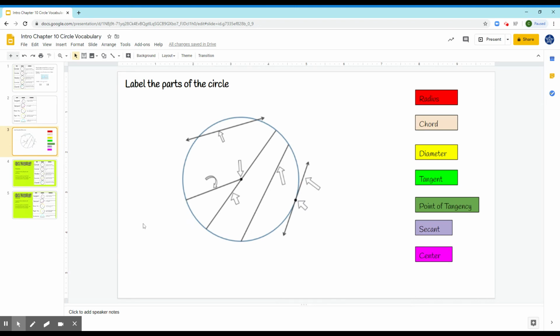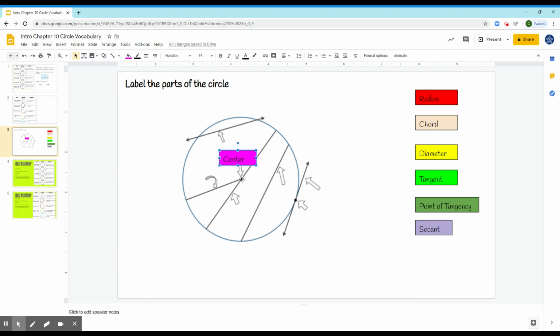All right, so let's look at this picture where we have all different segments in our circle that we need to identify. So I have all the words here, and we're going to label our picture. I like to start with the words we're most familiar with, like center, radius, and diameter. So I want to start there. So I can see that right here, we are pointing to the center of our circle. I'm going to label that my center.